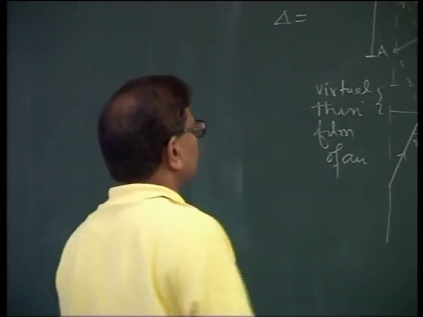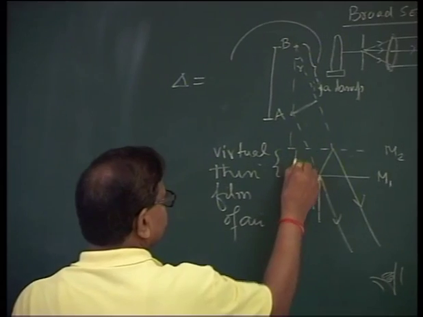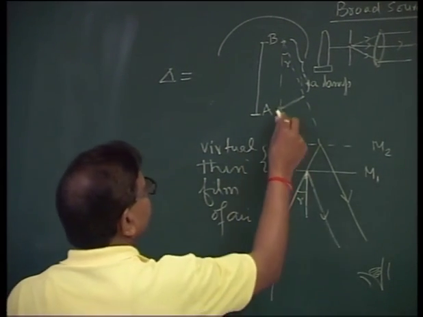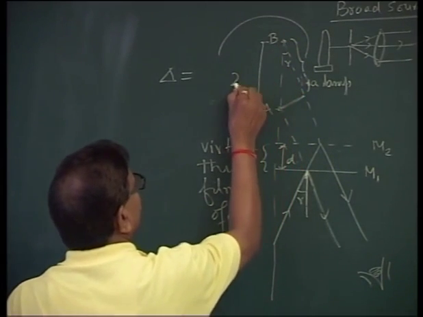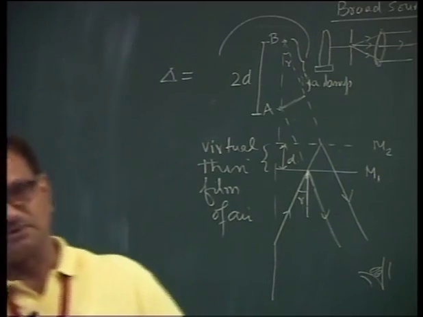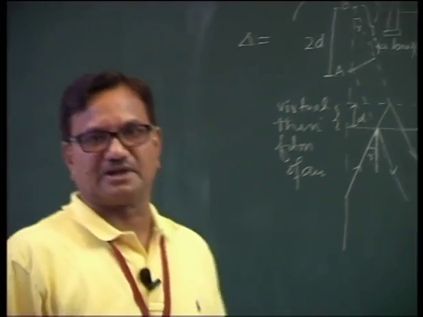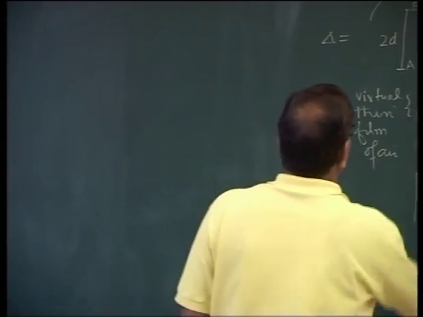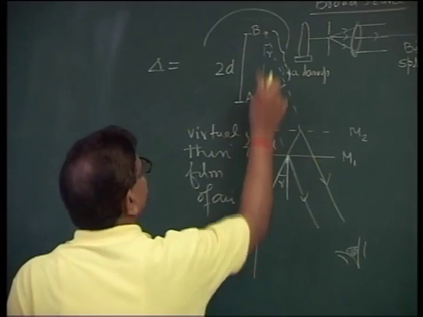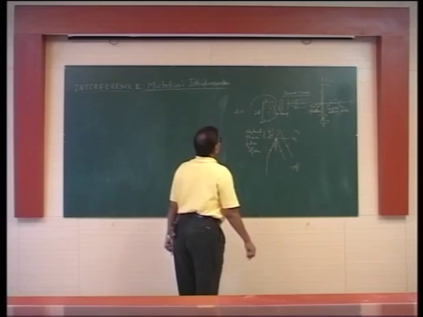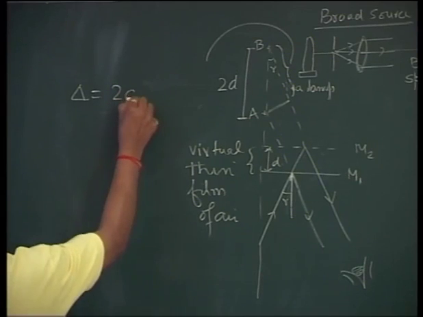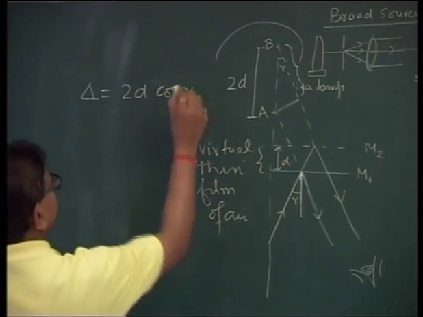It's very simple to calculate. Suppose this distance is d, then the image is as far as the object, therefore this distance will be 2d. You can verify it mathematically by a simple technique. The image in this mirror is here and the image in this mirror is here. And therefore the path difference comes out to be 2d cos r.